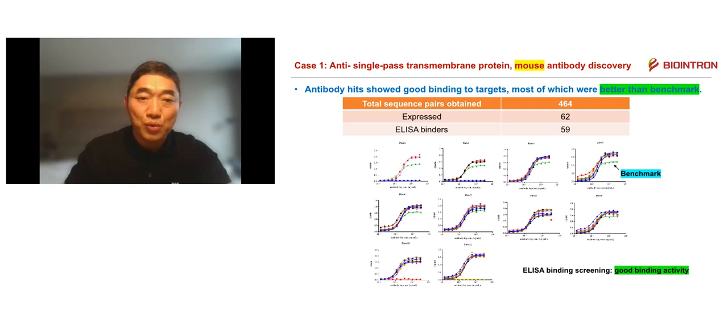And finally, we got 59 ELISA binders. So compared with the benchmark, most of the hits we got have much better binding activities.